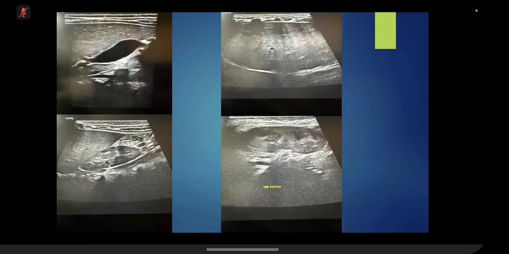What is this second image? It could represent, this is liver, upper first image. This is liver? Yes. So this could represent increased echogenicity surrounding the portal tracts, could represent pneumobilia or portal tract gas in the liver.